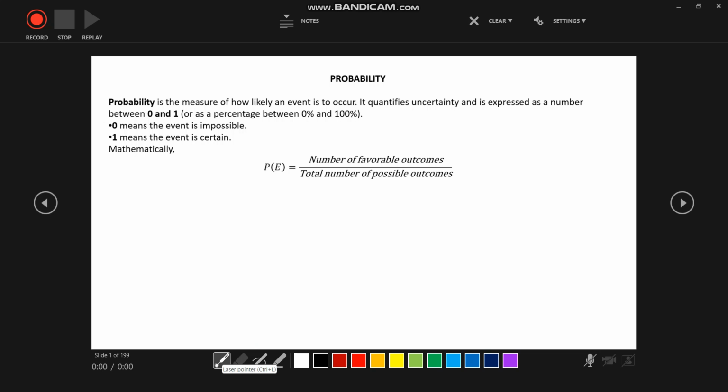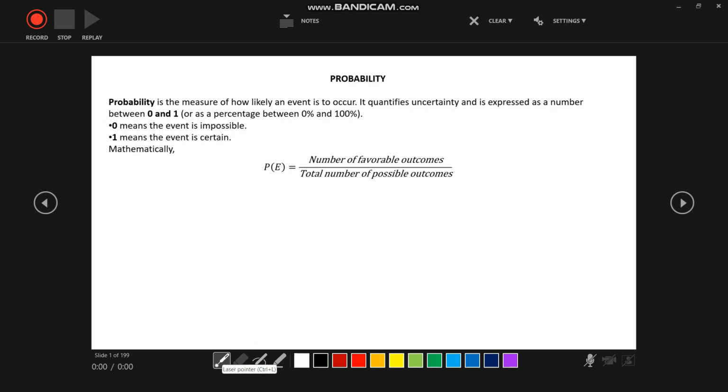Now, for that experiment, our possible outcomes are rainfall and no rainfall. Those are the two possible things we can get from that experiment. Either we predict that rain will fall or rain will not fall.